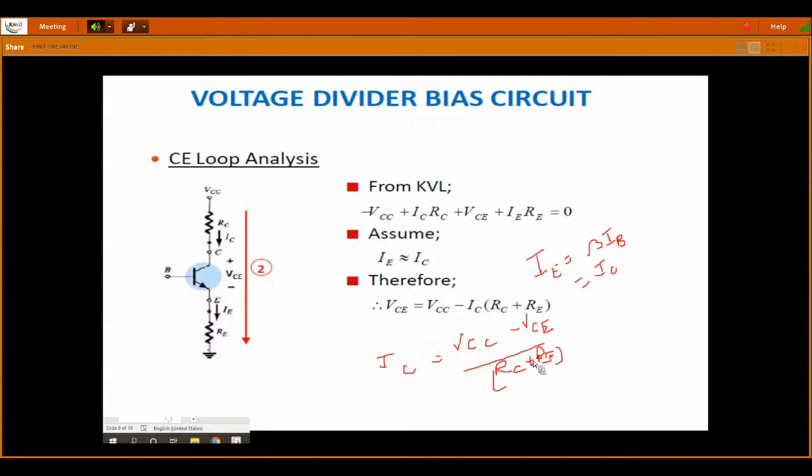These are fixed values. So we can maintain the collector current, or the operating current, constant, and it doesn't vary with temperature increase or decrease.